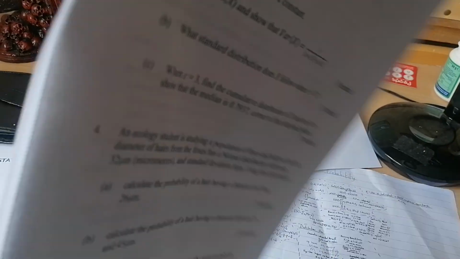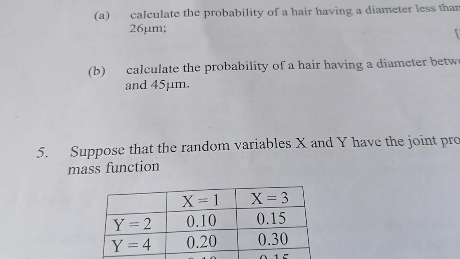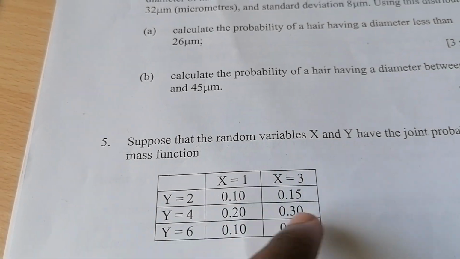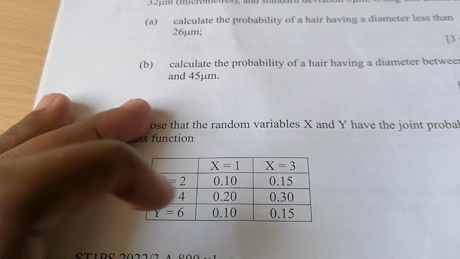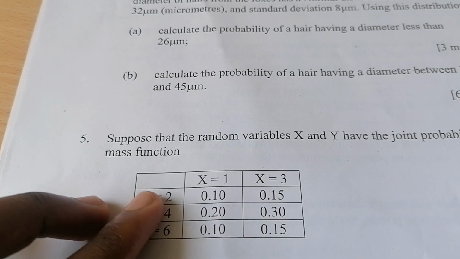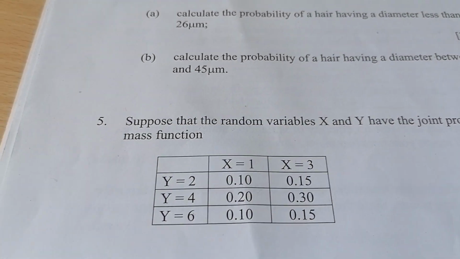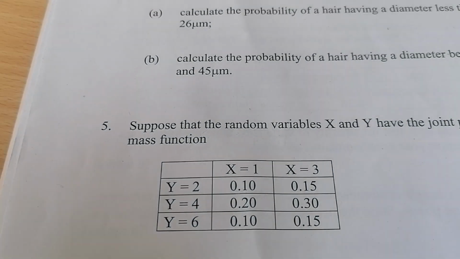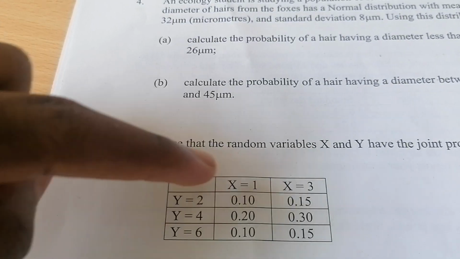So I literally took the marginal probability of x equals 1, then times it by the marginal probability that y equals 2, for example. Probability that x equals 1 is 0.1 plus 0.2 plus 0.1, that's 0.4. Probability that y equals 2 is 0.1 plus 0.15, that's 0.25. 0.4 times 0.25 equals 0.1, which is the probability that x equals 1 and y equals 2.